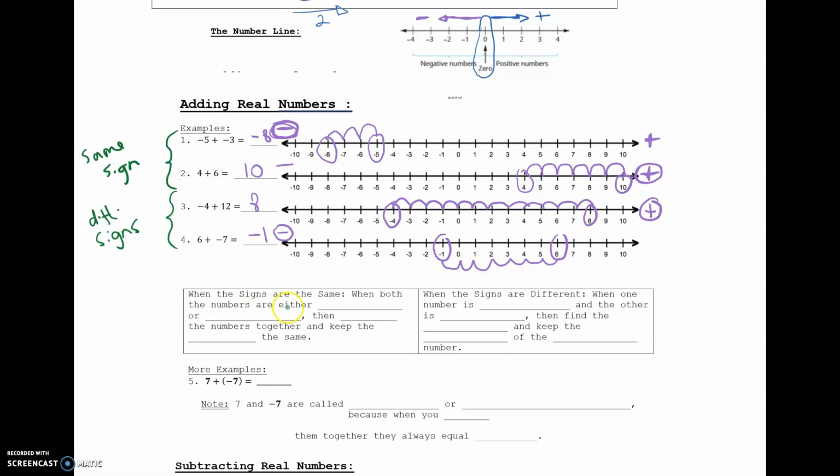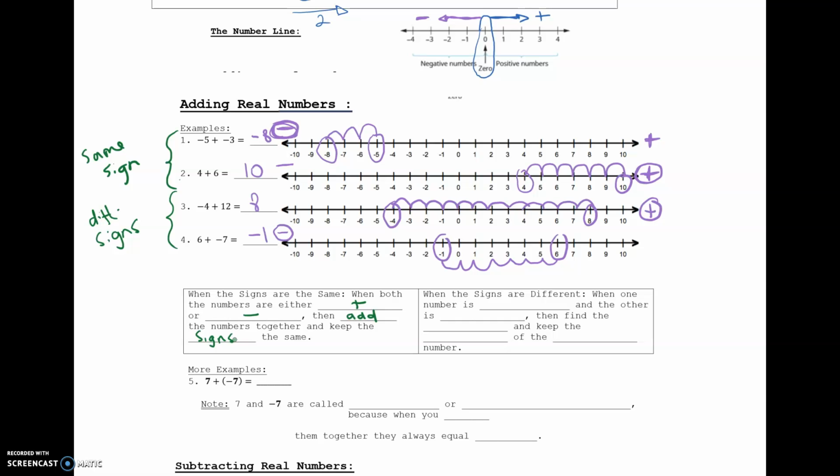So when the signs are the same, when both numbers are either positive or negative, then we're going to add the numbers together and keep the sign the same. Okay, so for negative 5 and negative 3, we add the 5 and 3 together, which is 8, and since both numbers are negative, the 8 is also negative.